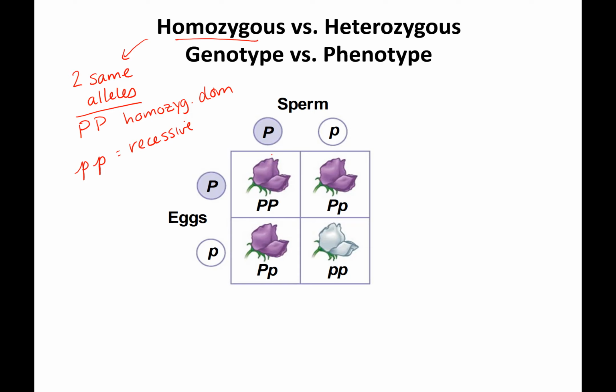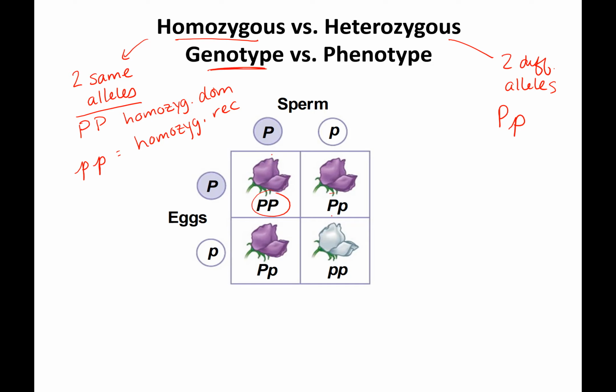Heterozygous means two different alleles for one gene. So here is the heterozygous. Let me make this correct. So we want to say homozygous recessive. Heterozygous doesn't get any further clarification because if it's heterozygous, you know you have one of each, one dominant, one recessive.